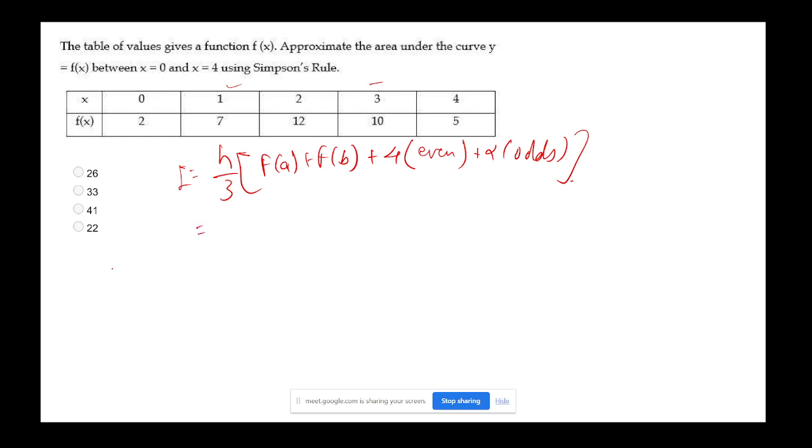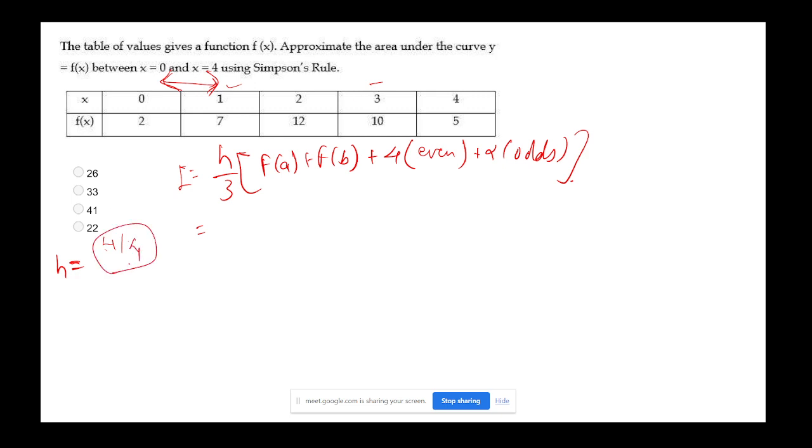If you substitute the values, what is h here? You have a difference of 1 between each. So you do not always need to calculate the value of n. The subdivision is 4, so 4 by 4.